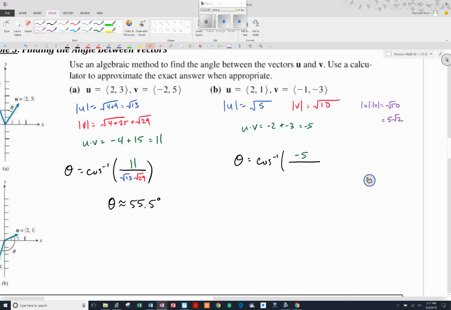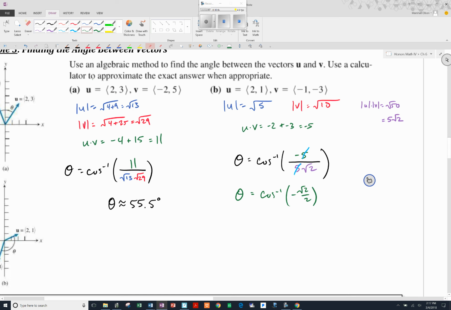And the reason why I did that is because, hopefully you notice here, this can be simplified by canceling those out, you have negative 1 over the square root of 2, which rationalizes to negative square root of 2 over 2. So we're taking the inverse cosine of negative square root of 2 over 2.